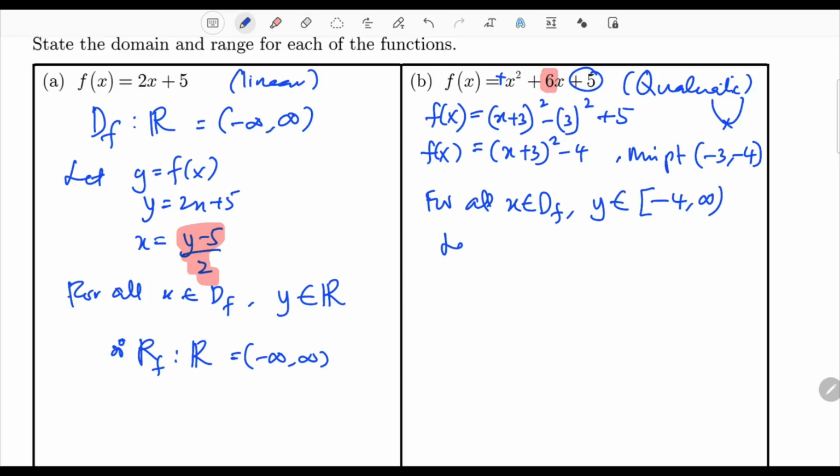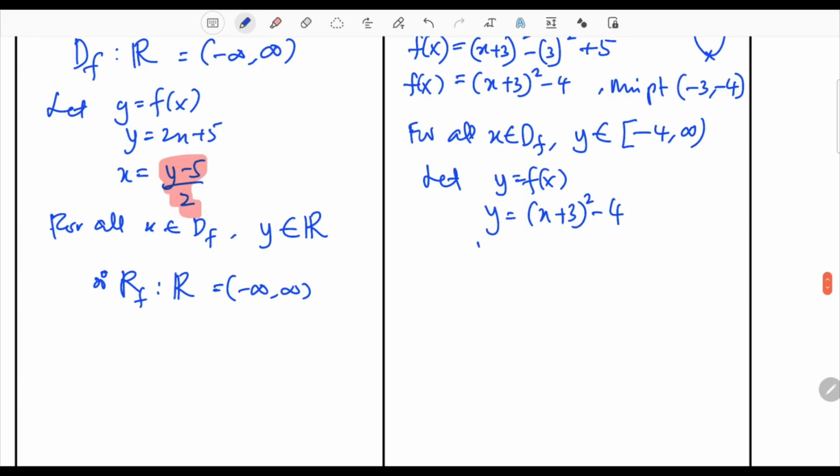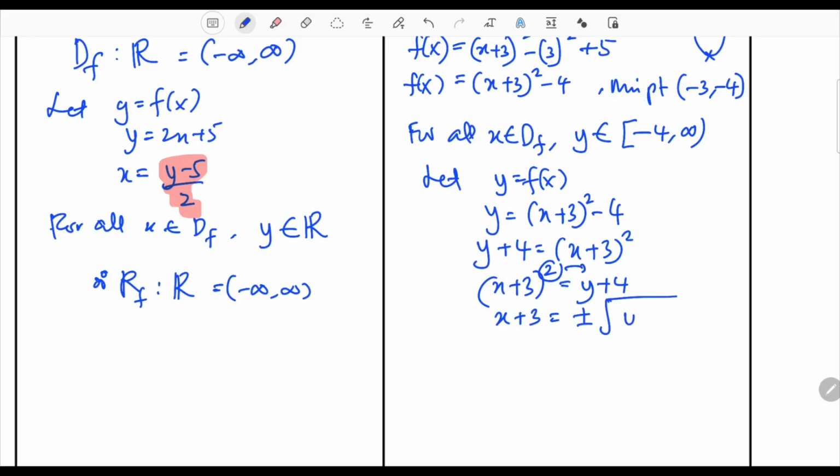Next, we're going to let y equal to f(x). So y equal to (x plus 3) squared minus 4. Rearrange, y plus 4 equal to (x plus 3) squared. This square, brought to the right side, becomes a square root, but we need the plus minus sign in front.